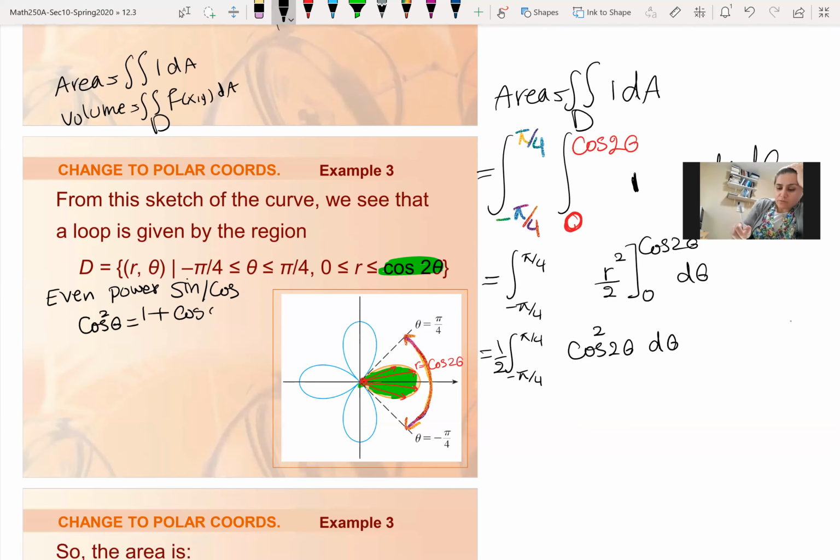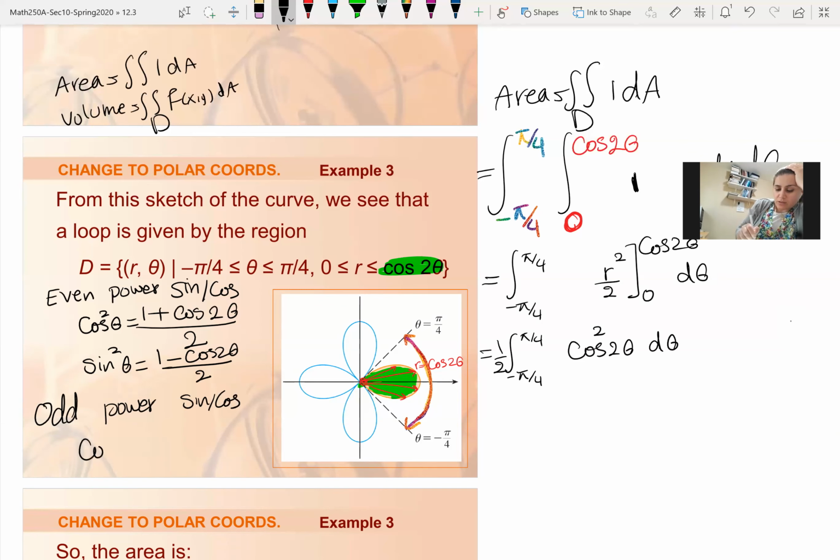So cosine of 2 theta divided by 2, sine to the second is 1 minus cosine of 2 theta divided by 2. And then if I have an odd power of the sine and cosine, cosine square is minus sine square, and sine square minus 1 cosine square. Okay.